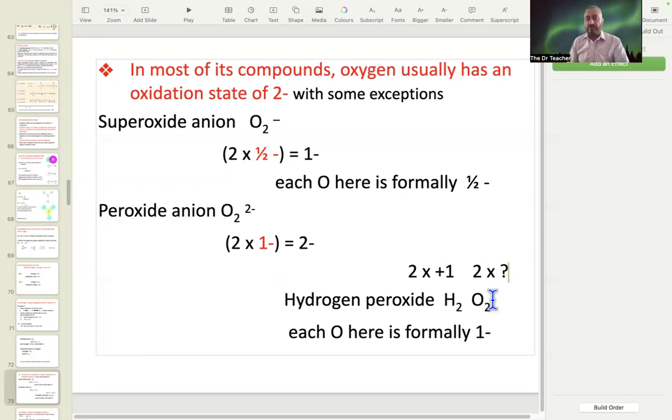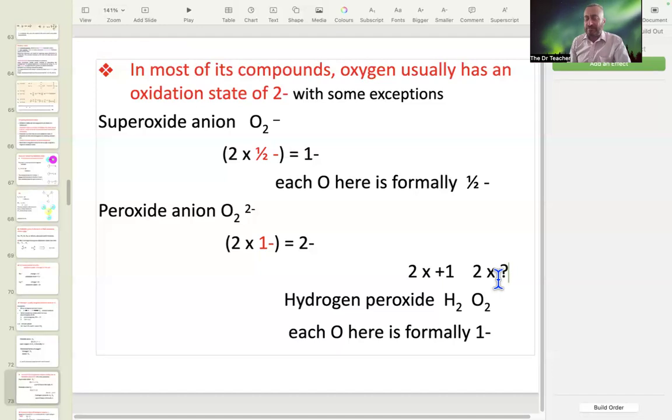Here to the left would be +2, but to the right should be -2. So how can I replace the question mark by a number to become -2? I can put -1. So -1 times 2 will be -2, and that will equalize the +2 to the left. Why? Because the overall charge is 0. When the charge is 0, the left side of the molecule is +2, the right side should be -2.